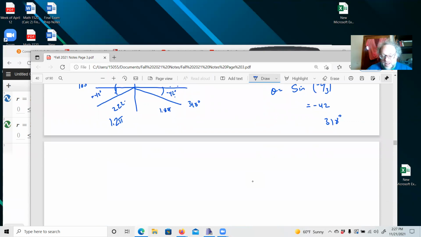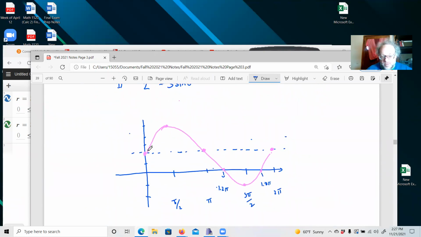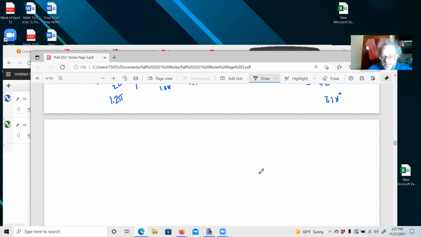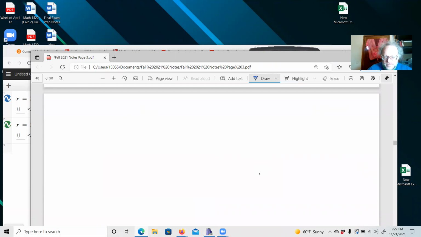Now when I go to graph my stuff, how much do we have to go up to? We're going to go up to 1, 2, 3, 4, 5. Zero, pi over 2, pi, 3 pi over 2.